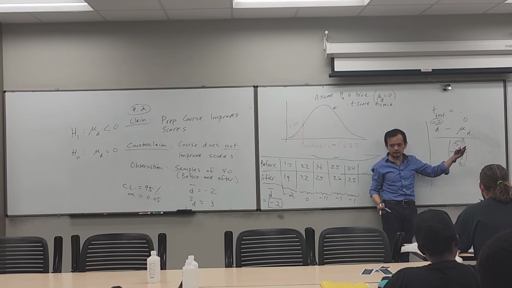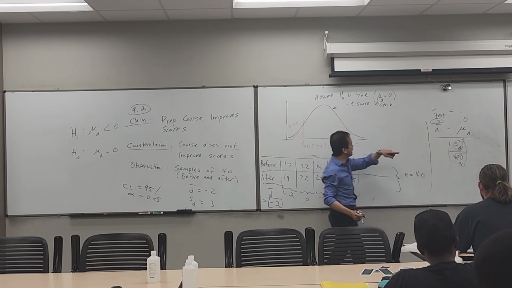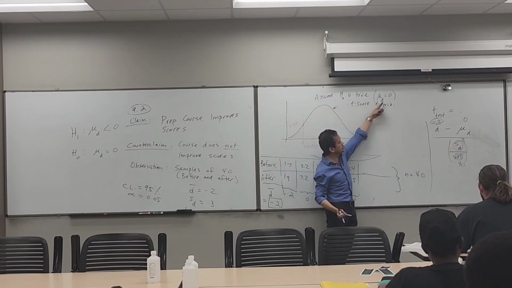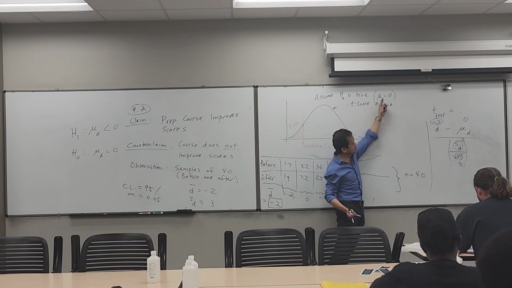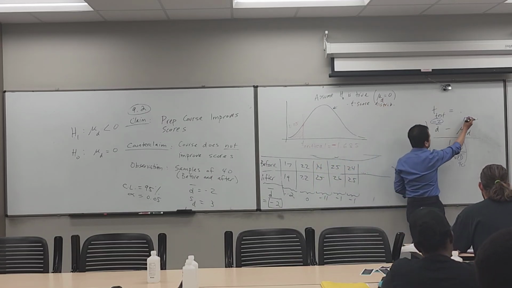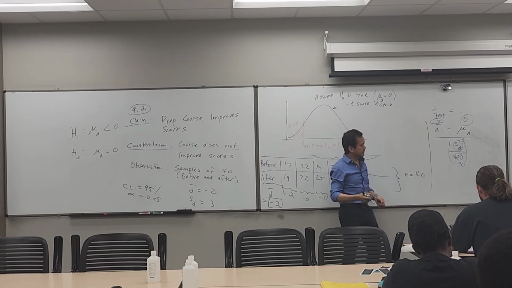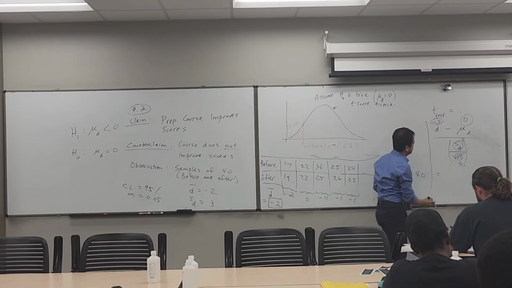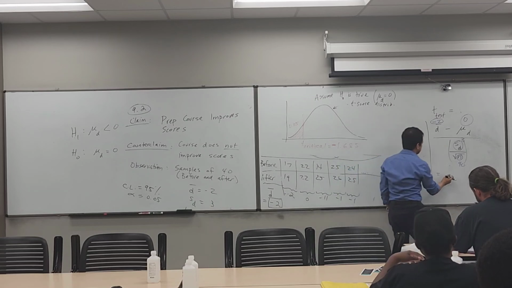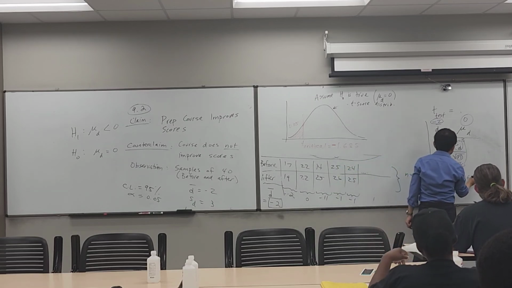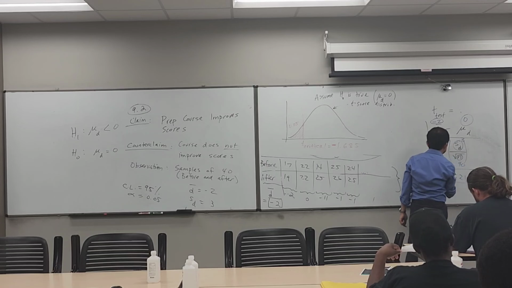That's a population number, not a sample number. The way we get that is from our assumption of H0, so the assumption is that the mean is actually 0. After you plug this all in, you get negative 4.2164, rounding to make it easier.